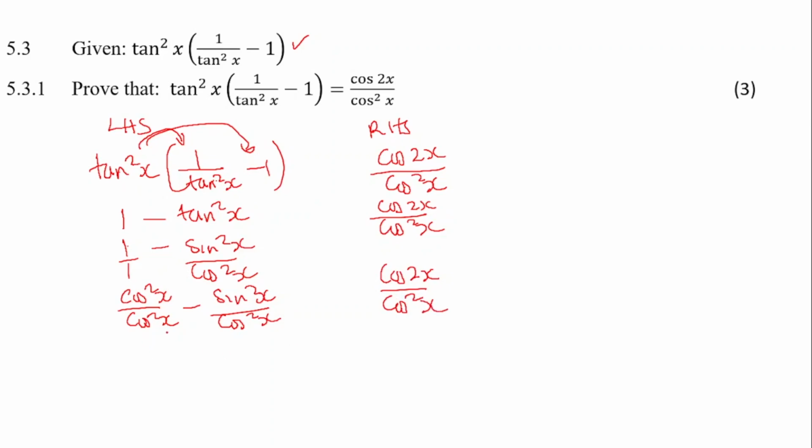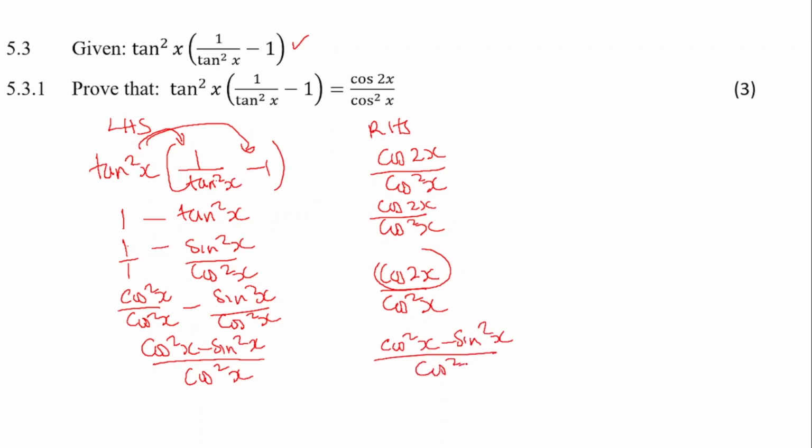Right, here we have same denominator, so we can separate the numerators. Becomes cos squared x minus sine squared x over cos squared x. Right, cos 2x, remember, cos 2x is also equivalent to cos squared x minus sine squared x, over cos squared x.